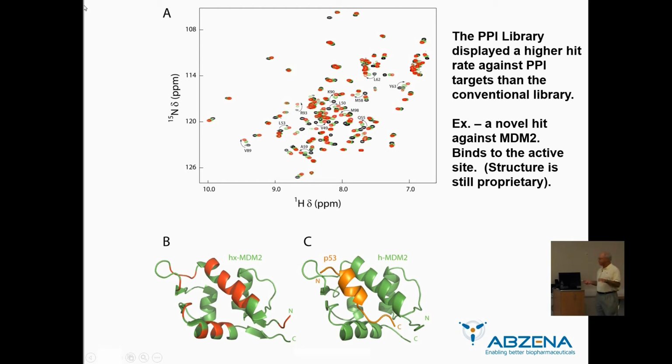Still not able to show the structure of it, but the NMR is just showing that it's binding to MDM2 and it's binding at the same site as P53. So not only a higher hit rate, but also finding novel scaffolds. And we had other projects where we were finding hits for systems where we had found no hits with the conventional library.